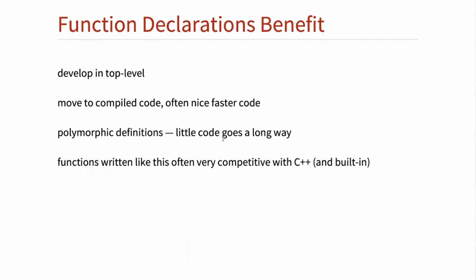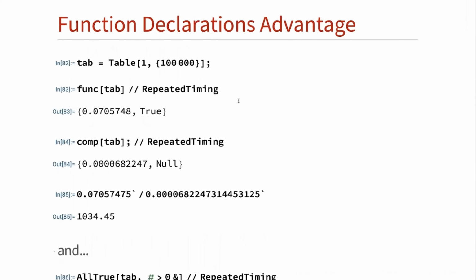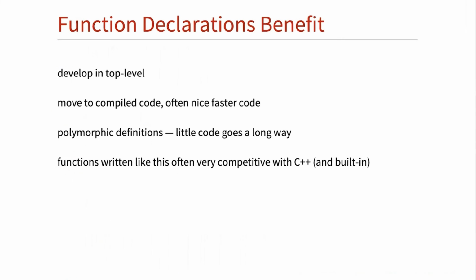That's all pretty nice. So making these function declarations, especially working with down values, it is possible to develop things in top level and then migrate bits or parts of your code into compiled code. Often it can run nice and fast, and also making polymorphic definitions, so a little bit of code can be used in multiple ways.